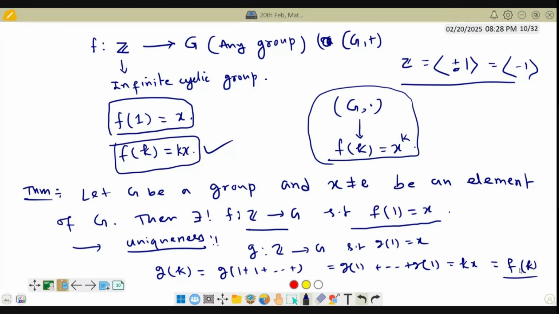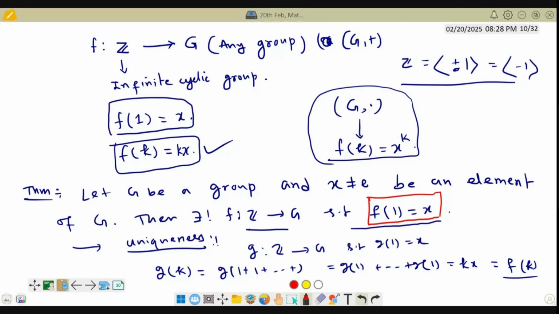So there is a unique homomorphism from Z to G. The condition is you need to fix the image of the generator. That's the crucial thing here. Is it clear to everyone? If you have any doubts, feel free to ask me.